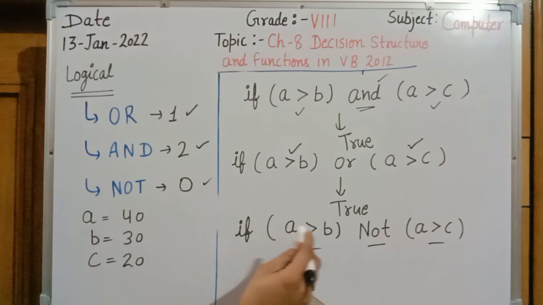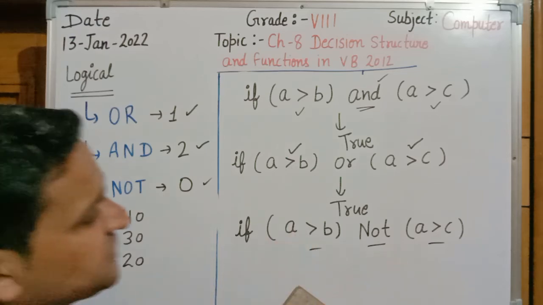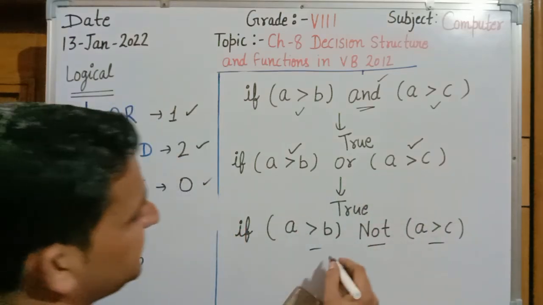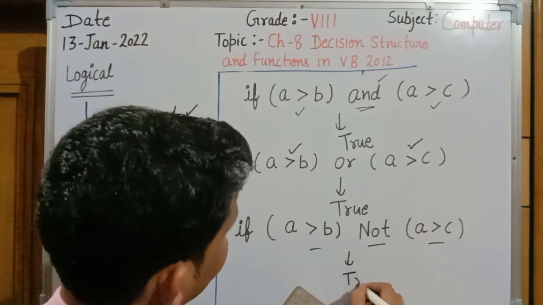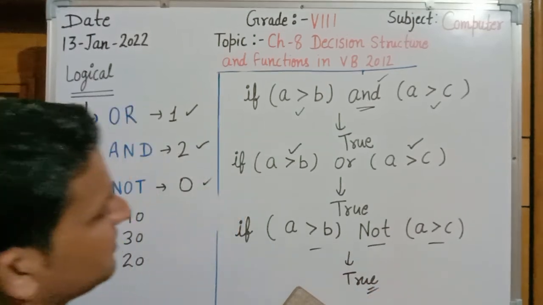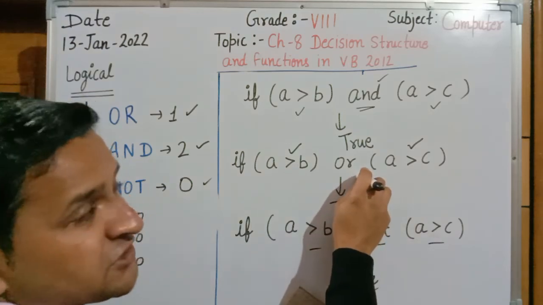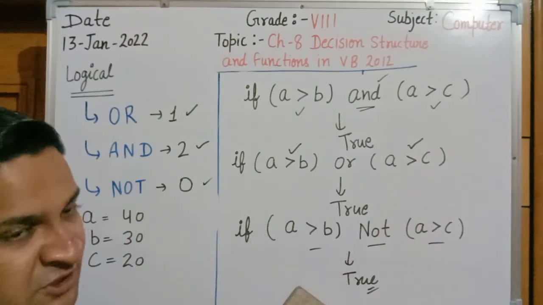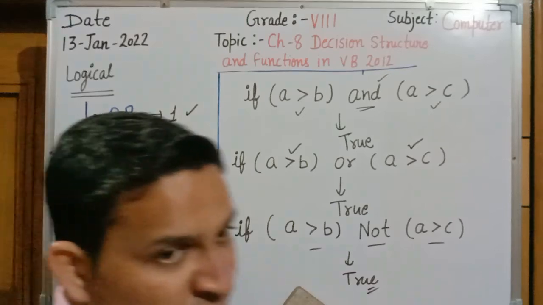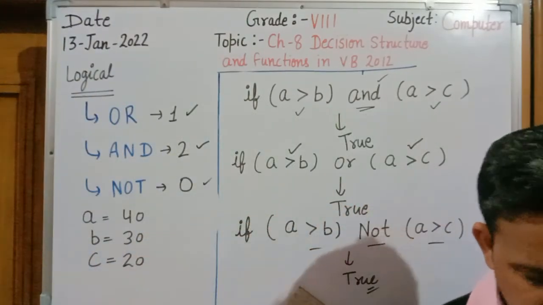A should not be greater than B and A should not be greater than C. Then it is true. So it is true for zero conditions, for one condition, or for both conditions, as the operator requires; otherwise the result will be false.